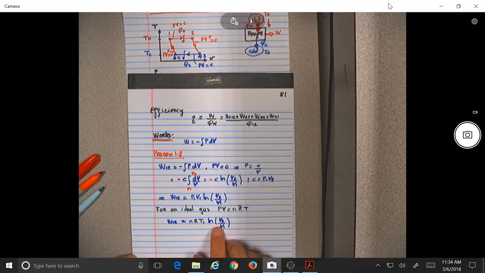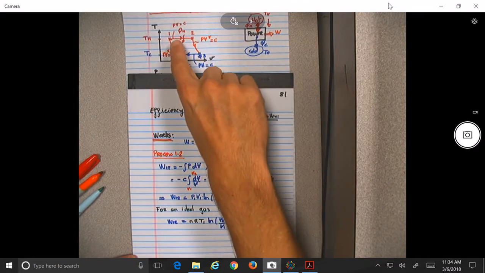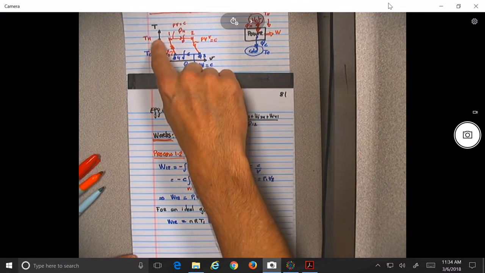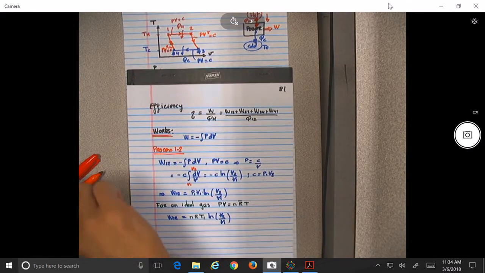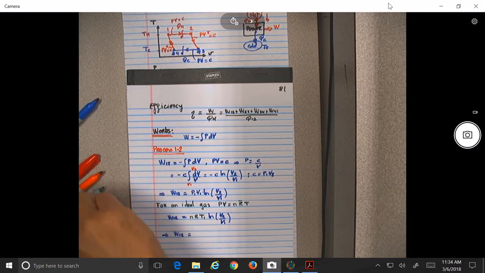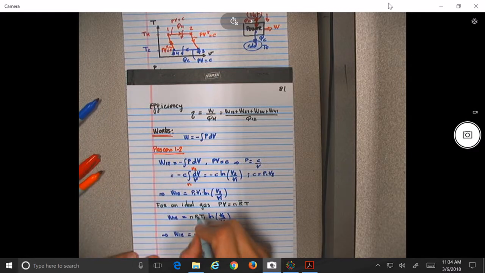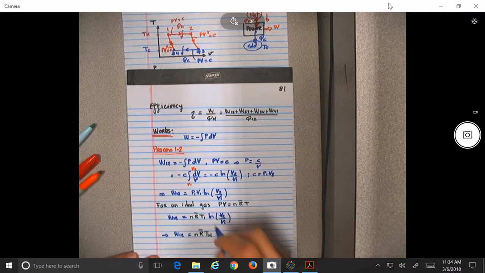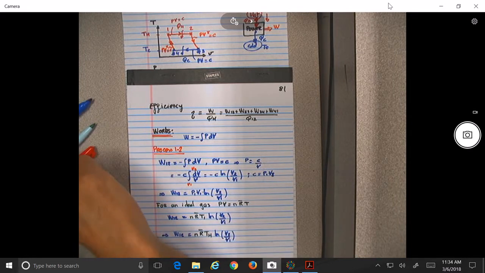And when you look at the figure over here, what is T1? T1 is the same thing as TH, no? T hot. So really we can say that just this expression here is equal to n, forgot to put the bar, n R bar T hot log V2 over V1.